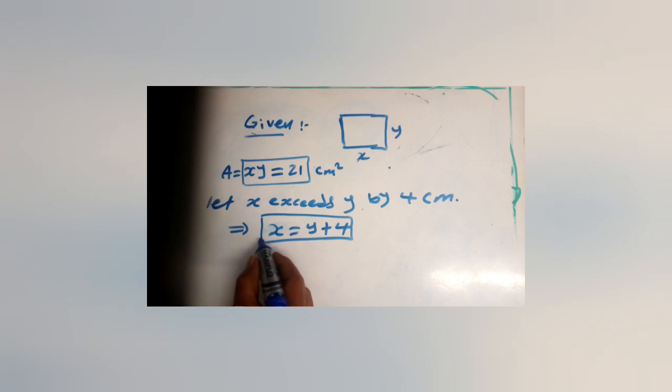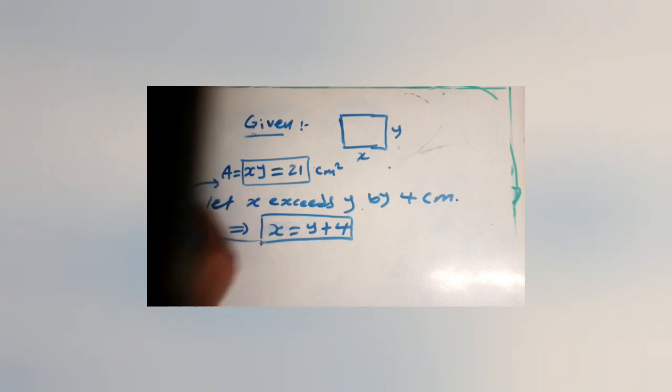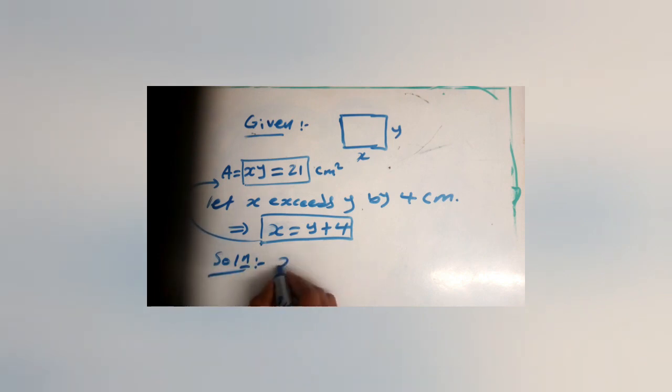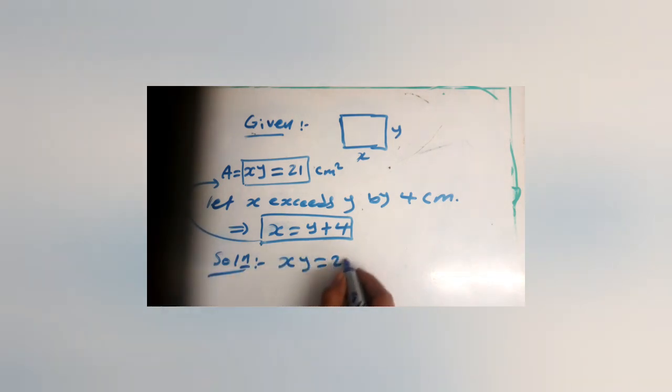First we substitute the result into the area equation. In the area we have x times y is equal to 21, but the value of x is y plus 4.